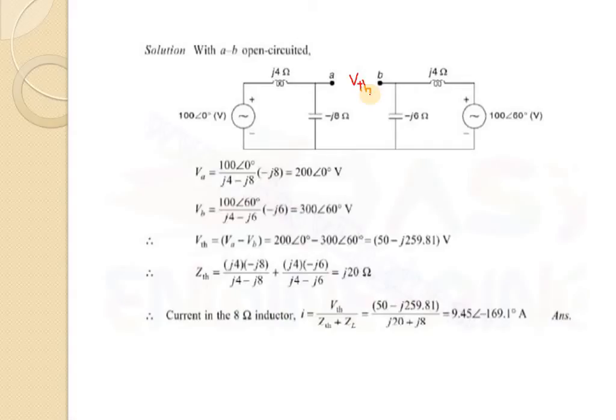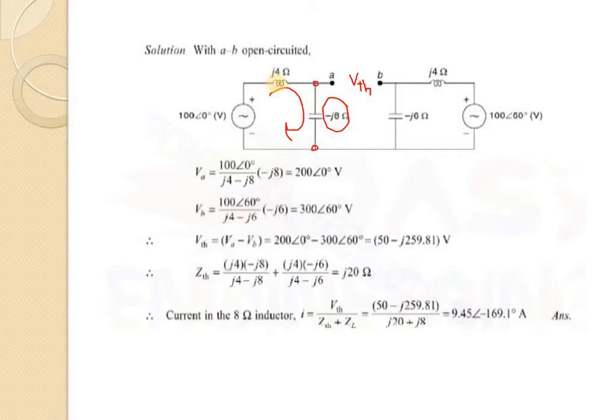So we will first calculate the value of VA. How can we calculate the value of VA? This is open circuit, that means this is a series circuit with two components. So the voltage across this one will be I into Z. What will be the I?